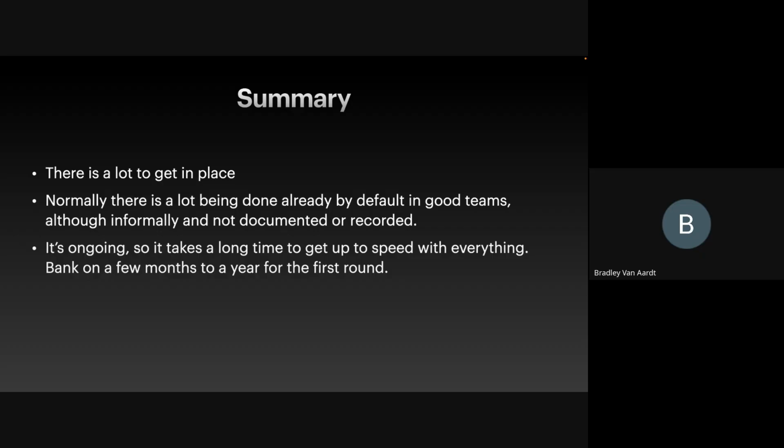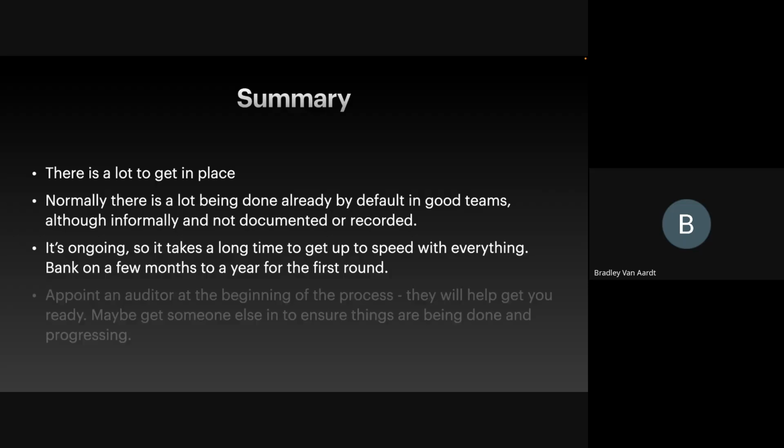It's ongoing. It's unfortunately not something you do once and forget about. You've got to keep doing this all the time, because they will audit over a whole year when they do the Type 2. So bank on a few months to a year, depending on the size of your company, to get everything going for the first round, get used to operating with it, and figure out the ways that work best in your company.